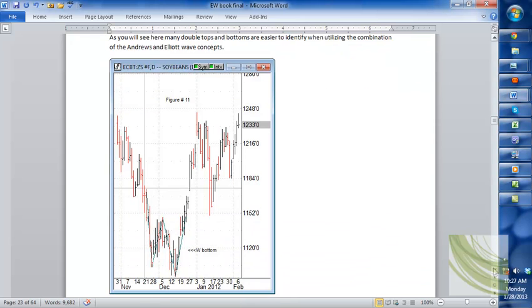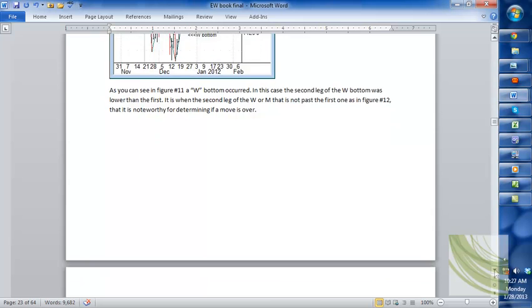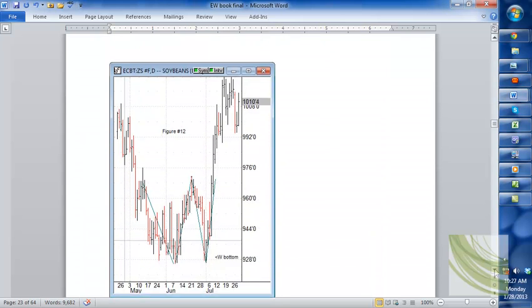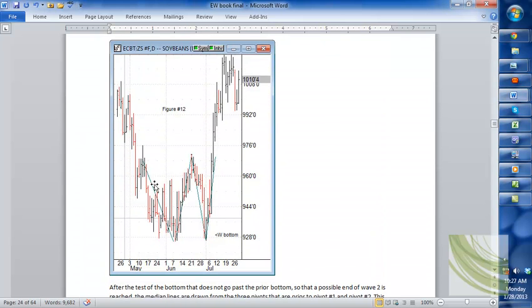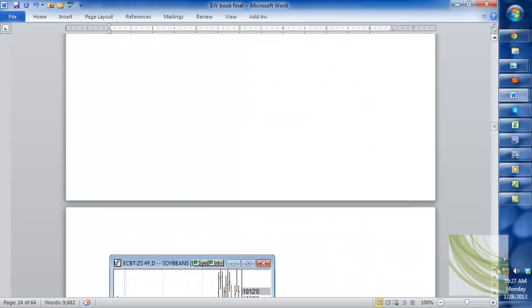Okay, and what you're going to find is that very often, what in technical analysis they call W bottoms, is the approximate location that you'll find this interesting little beast called a pivot 2. Here's a W bottom, or a double bottom. Another example of that. Anyway, that's not a big deal here.